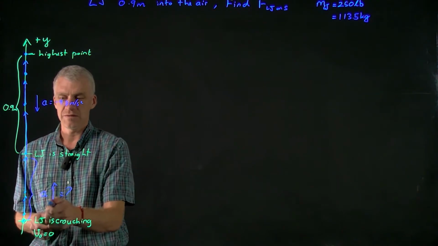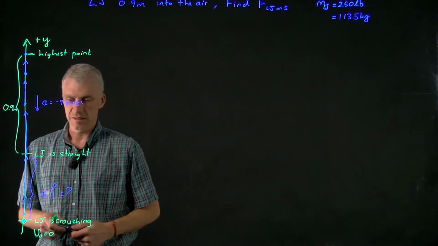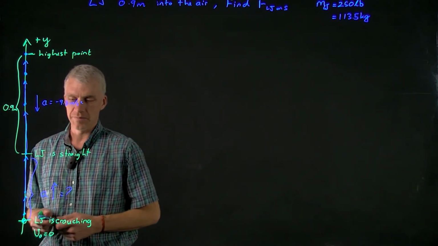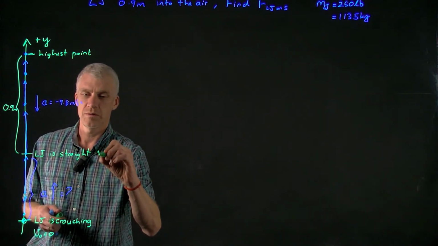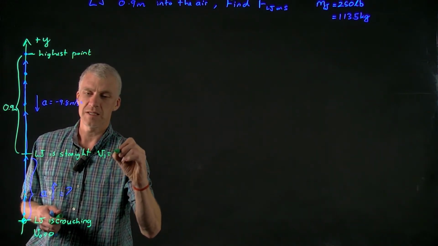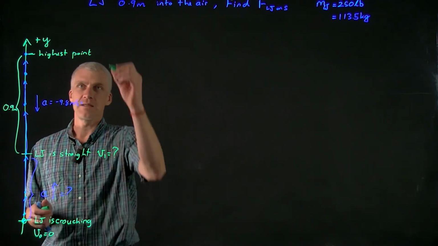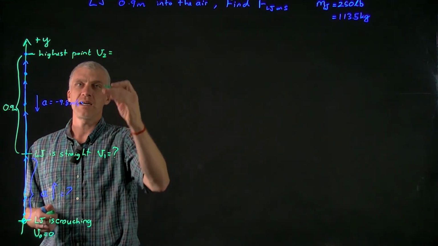It's important for us to find this acceleration in order to figure out what the force is that he exerts on the basketball court in order to jump. We also don't know what his velocity is over here, and it's going to be important to find. Second, we know what his velocity is over here at the highest point.